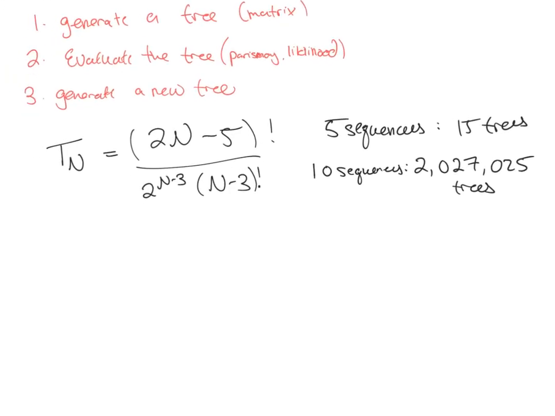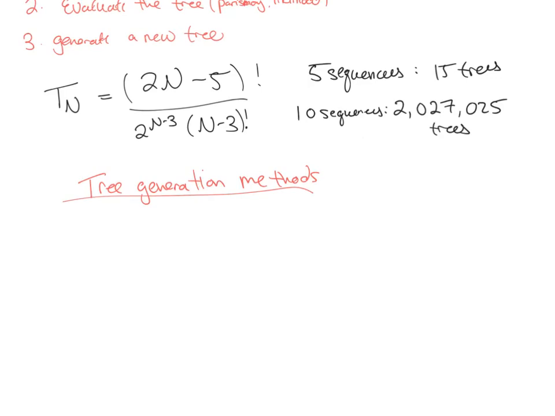So here are tree generation methods. First, we're always going to follow this general principle, and it's called branch and bound.